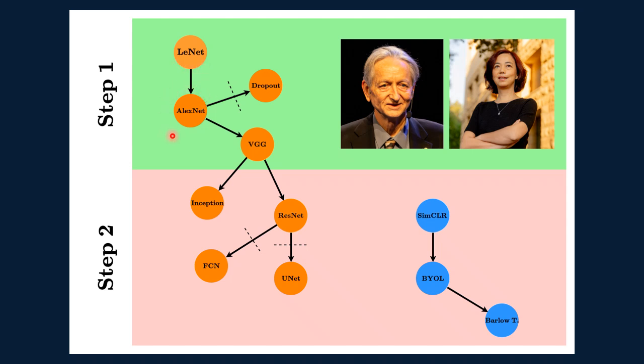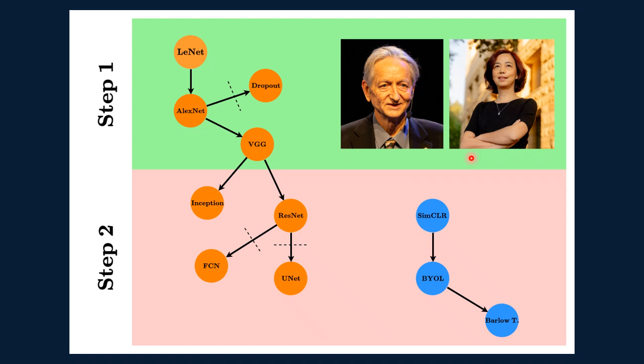Then comes the next most important paper when it comes to modern computer vision. It is AlexNet. During 2012, Fei-Fei Li and her team created the very popular ImageNet dataset with millions of high resolution and correctly labeled data.